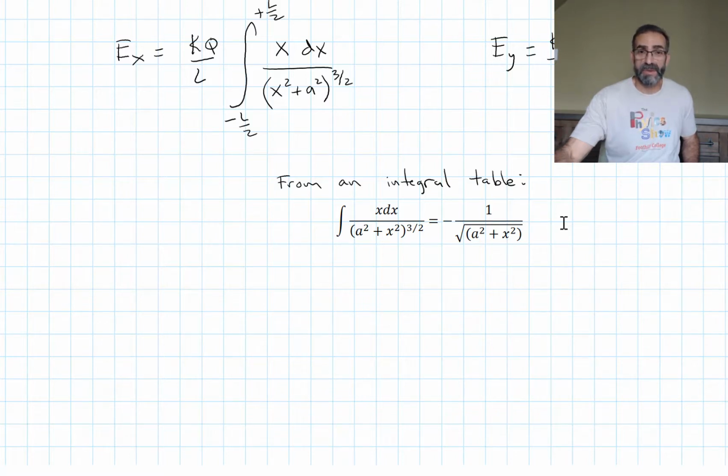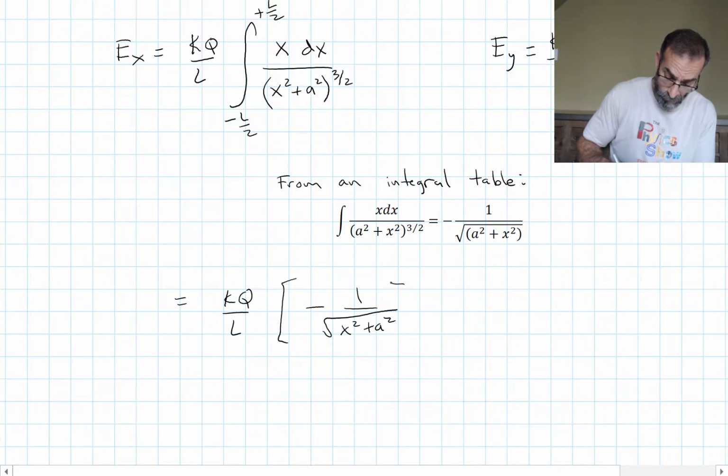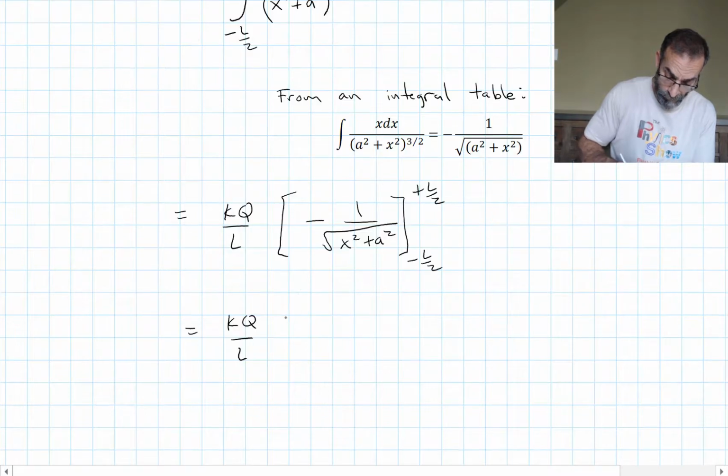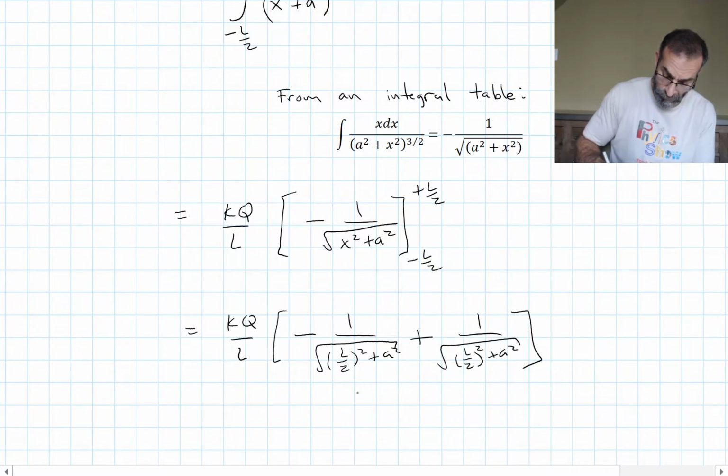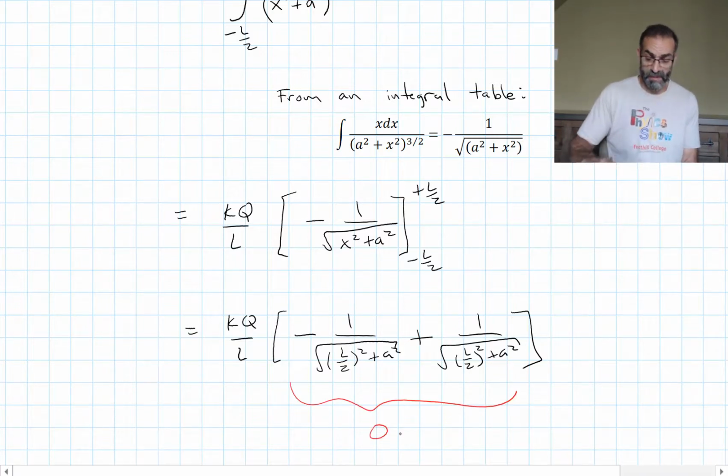There are a number of different sources for integral tables, but if you look this one up, there's our answer, and we end up with 0, which is what we expected.